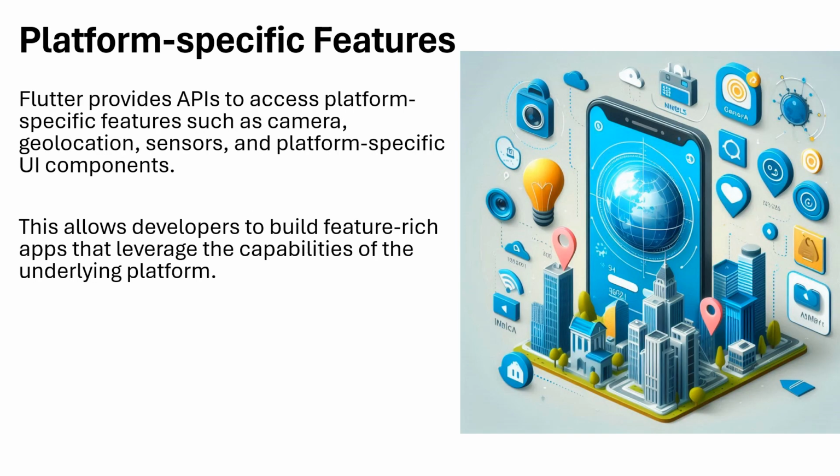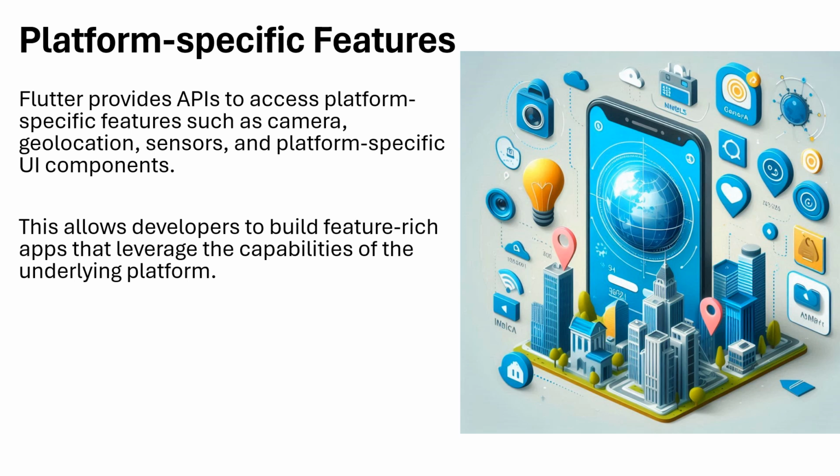And as for platform specific features, Flutter provides APIs to access platform specific features such as camera, geolocation, sensors, and platform specific UI components. This allows developers to build feature rich apps that leverage the capabilities of the underlying platform. So Flutter provides APIs, that is application program interfaces, to access platform specific features such as camera, geolocation, and sensors.